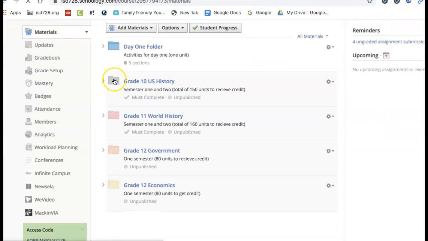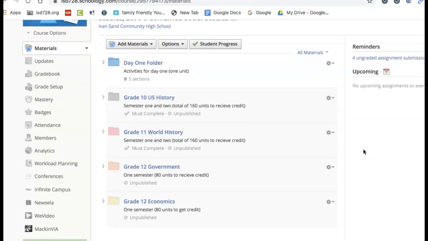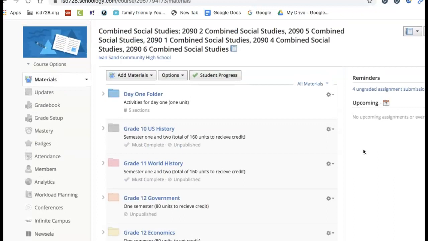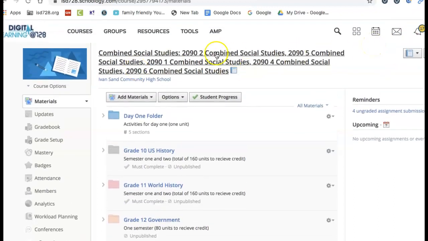And you're going to be looking at Day 1 folder. So I also have all 4 classes, U.S. History, World History, Government, and Econ here, but they're all currently not available. But hopefully they will be soon. And that is how you get to my Combined Social Studies class. I have all my classes combined into one.